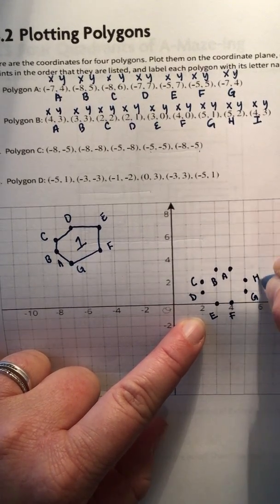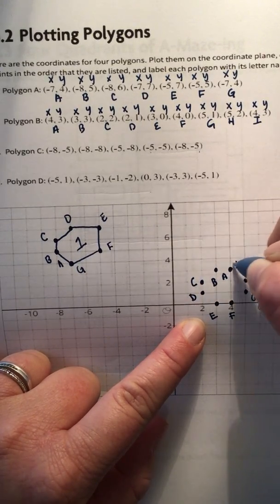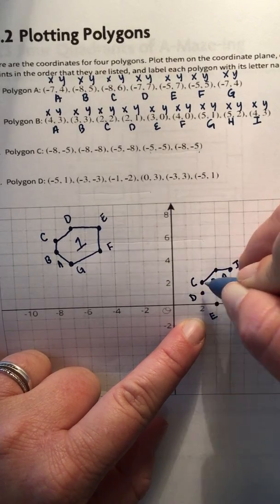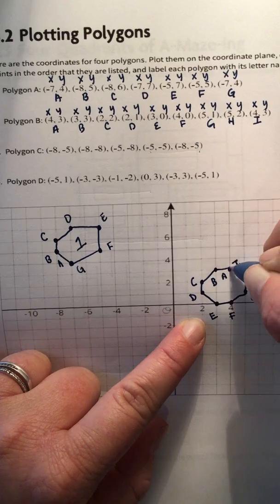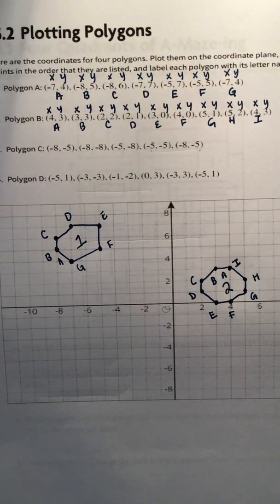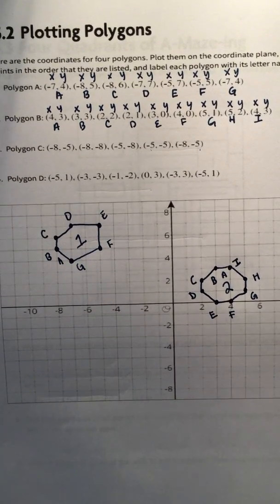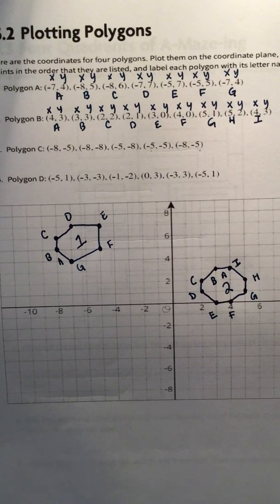That's going to be H. And then 4 to the right, 3 up is also going to be I. So again, if I connect these in order, this is shape number 2. And this is really good practice for you guys to practice plotting these shapes on the coordinate plane, because it helps you with practicing going left and right first and then up and down.